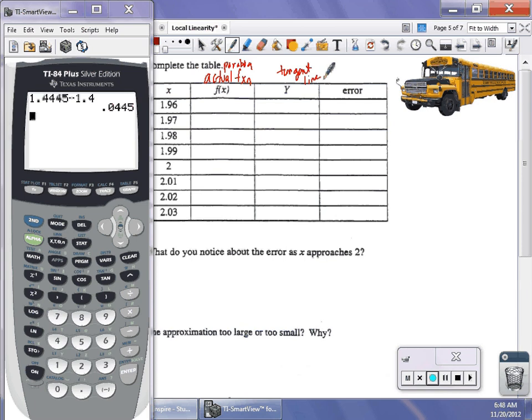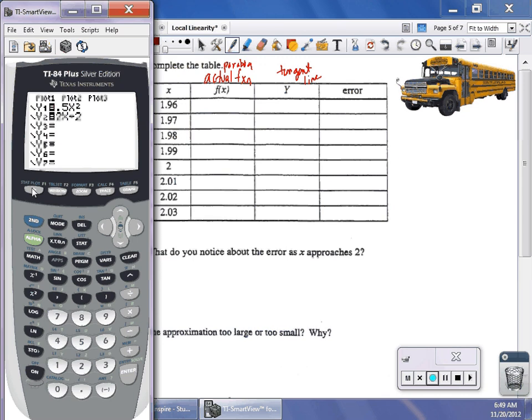And so I'm just going to use my calculator to do that, except you'll be careful because my two tables are going to be switched because I have my original function in y1 and my tangent line in y2. So if you come back up here or look at my calculator, y1 is the parabola, y2 is the tangent line.